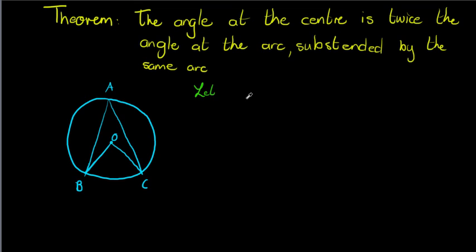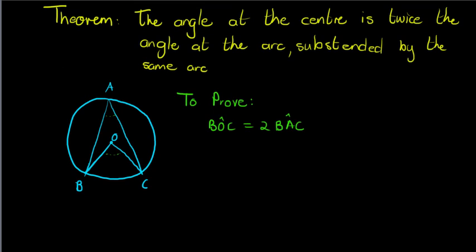What do we have to prove? The angle BOC is twice bigger than the angle BAC. Good. So we want to show that this one is 2 times that one. Make sense? That's our proof.